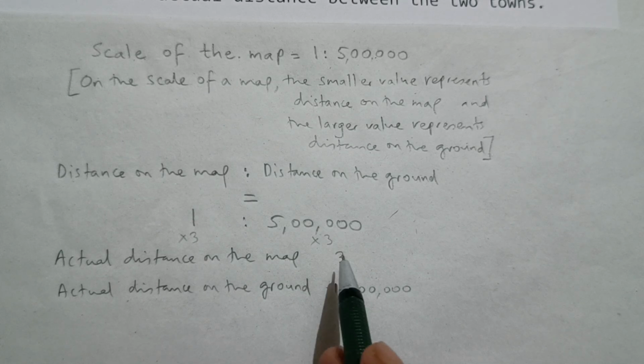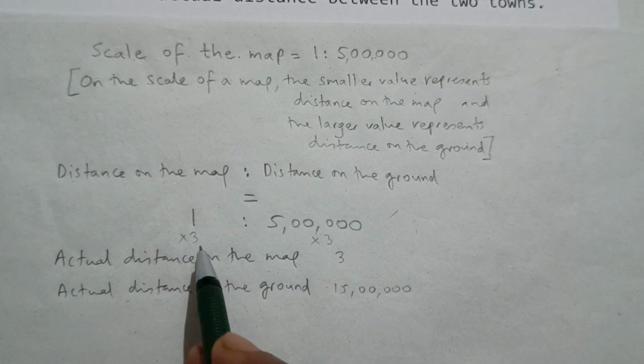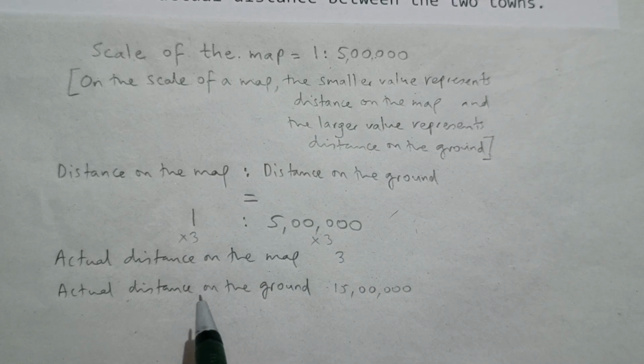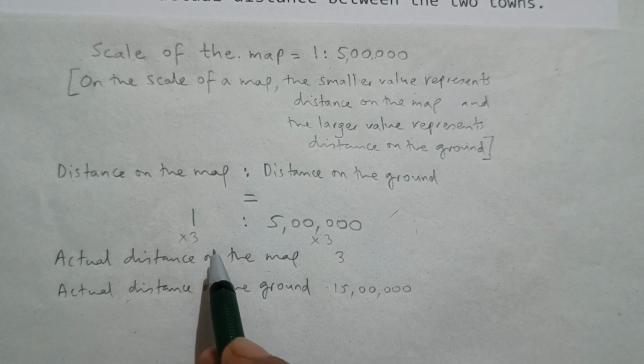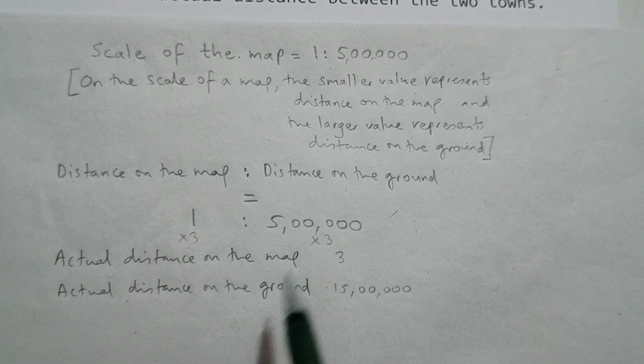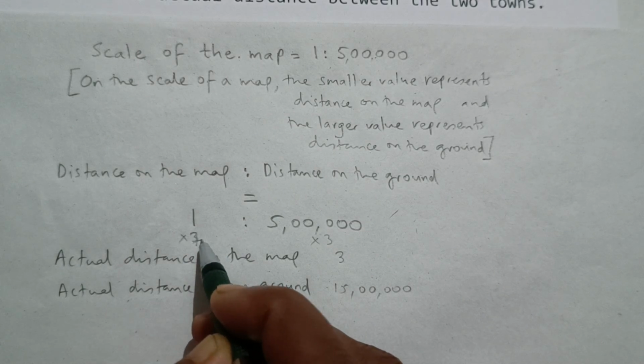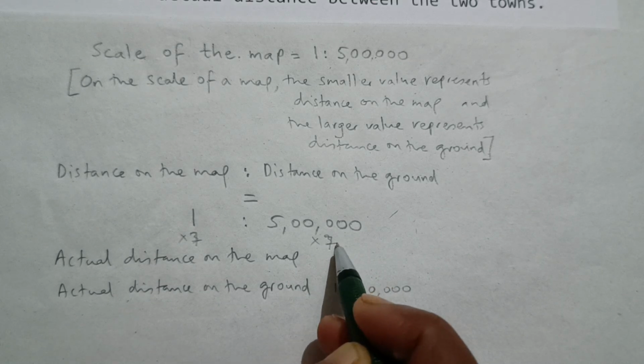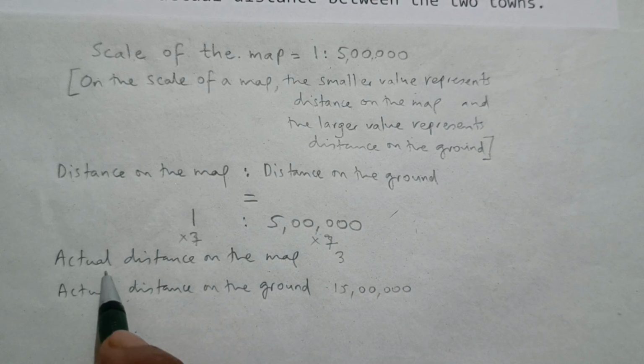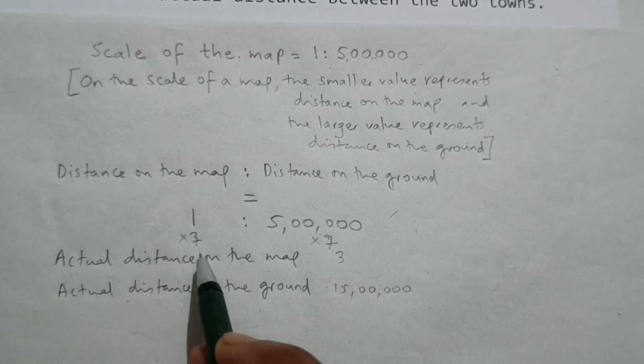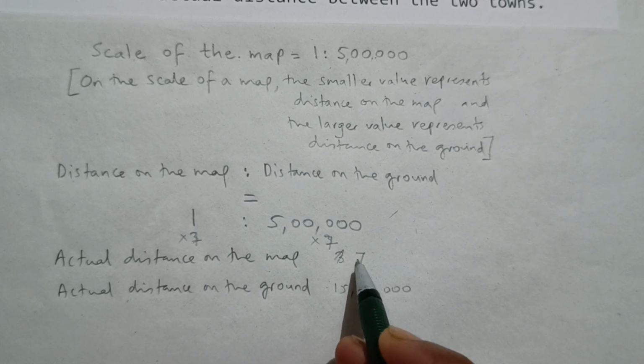So how did I get this value? By multiplying this ratio by 3. Similarly, I can multiply this ratio by 7. If I multiply this ratio by 7, so 1 multiplied by 7 and 5 lakh multiplied by 7. In that case, the actual distance on the map will be 1 into 7, which is 7.